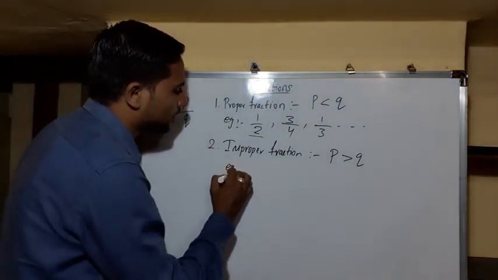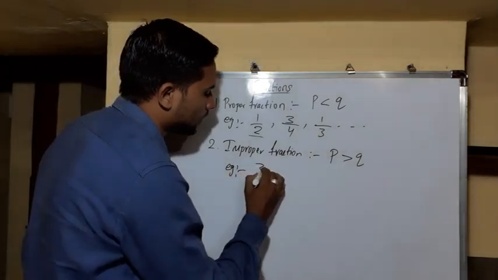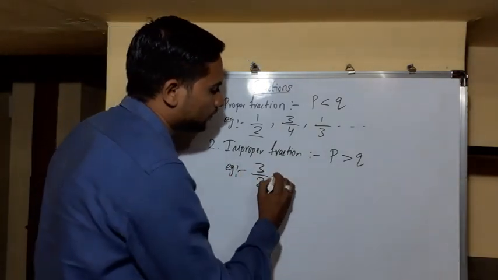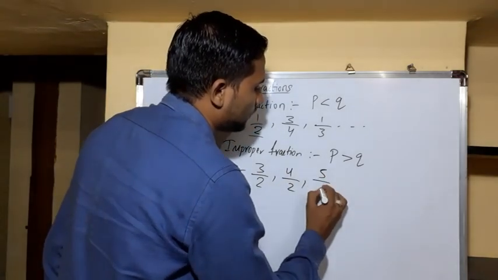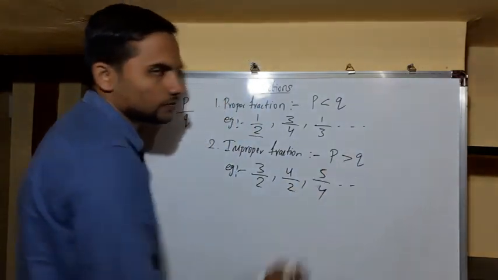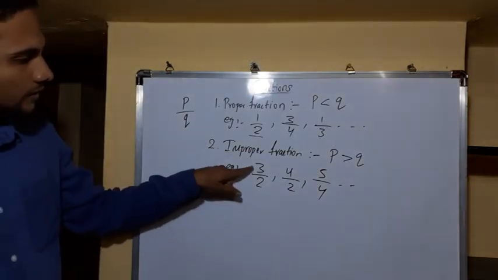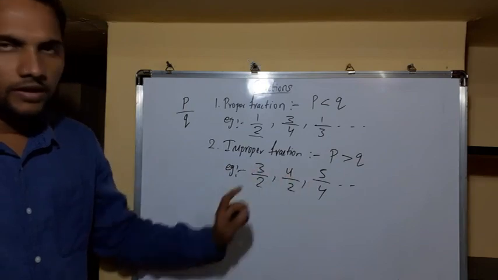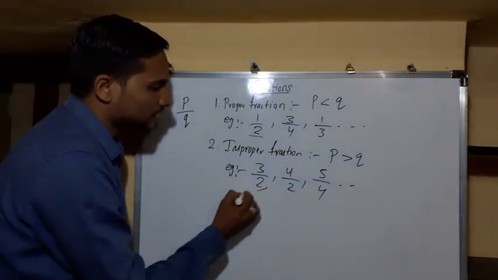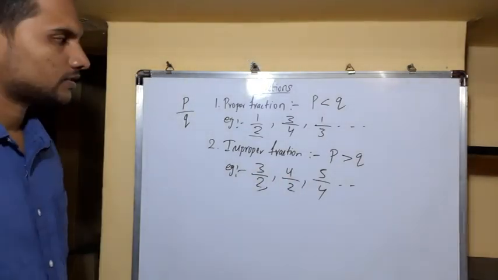So for example, friends, if you take 3 by 2, 4 by 2, 5 by 4 and so on, right? So see here friends, the numerator term should be greater than the denominator, right? So if this condition satisfies, we say it is an improper fraction.